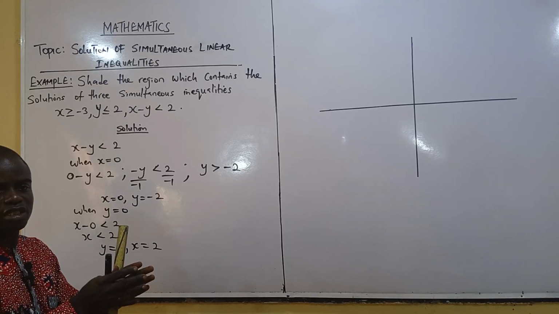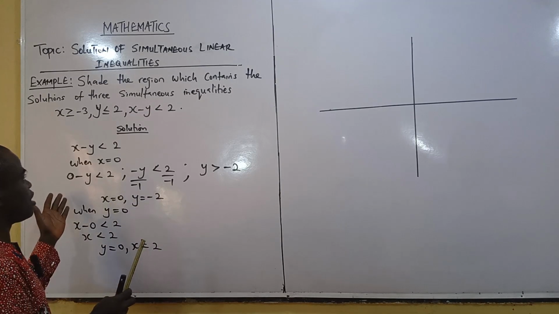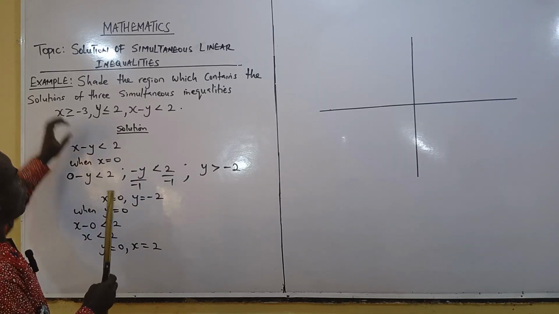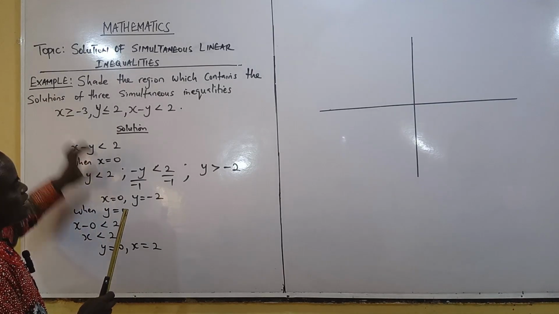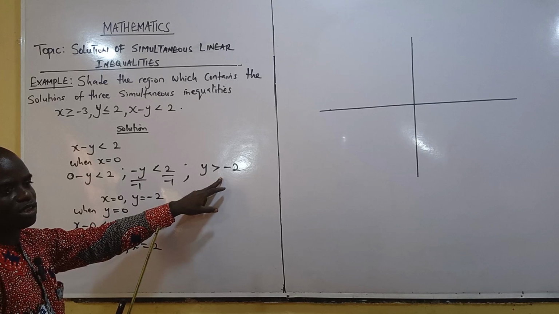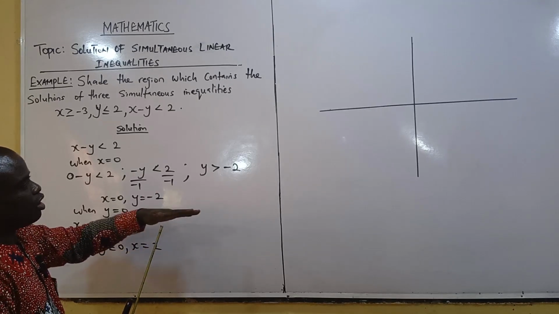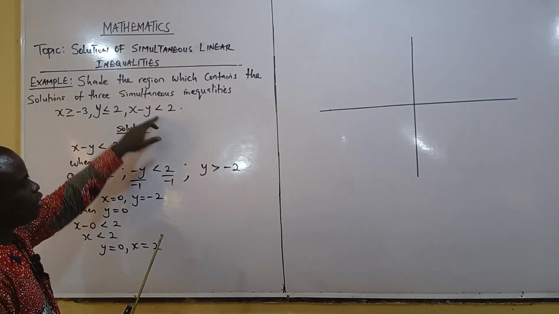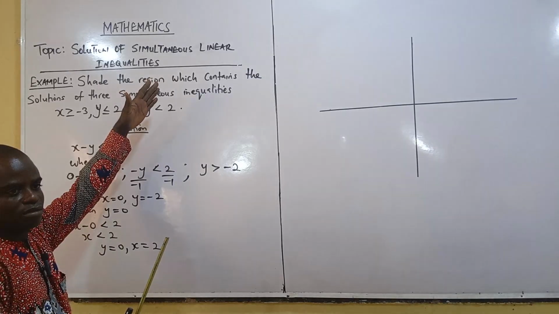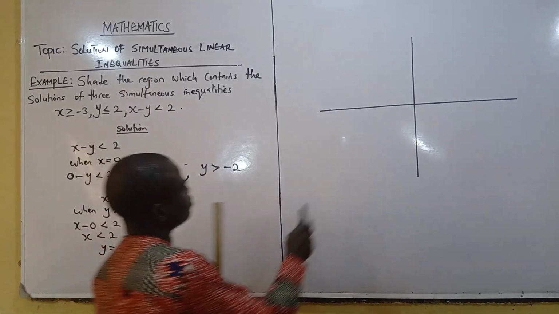That region that is not shaded is the required region. But in this example, except where the sign changes, instead of shading less than, we are going to shade greater than. Is that okay? Now let's see.